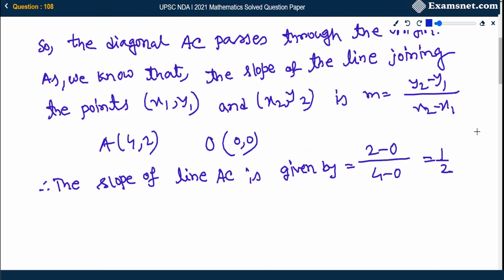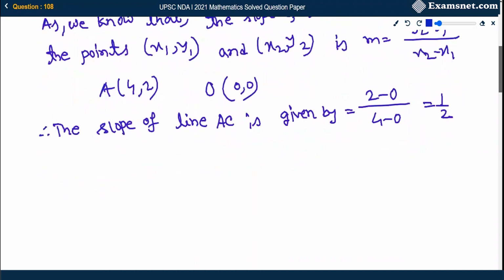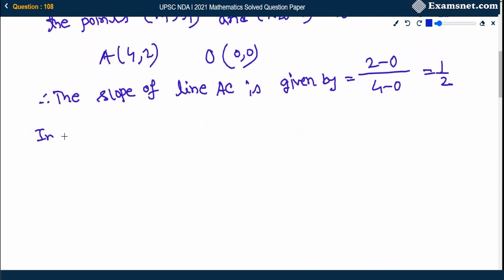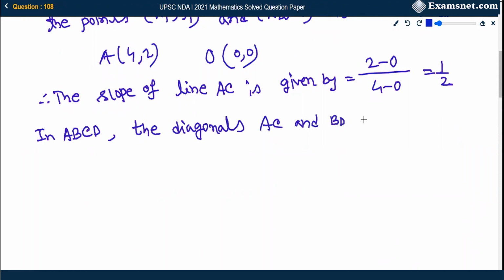Now in the square ABCD, the diagonals AC and BD are perpendicular to each other.